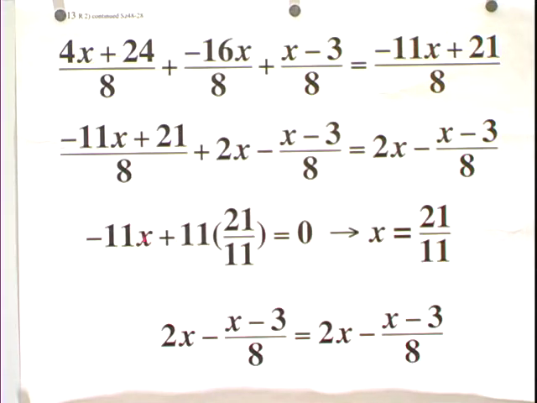Consequently, from 1 to 1 matching, x is equal to 21 over 11. So I have the unique solution because when I substitute this back in here, I get a 0 for that term. And then I have translational symmetry, which means that is the unique solution.